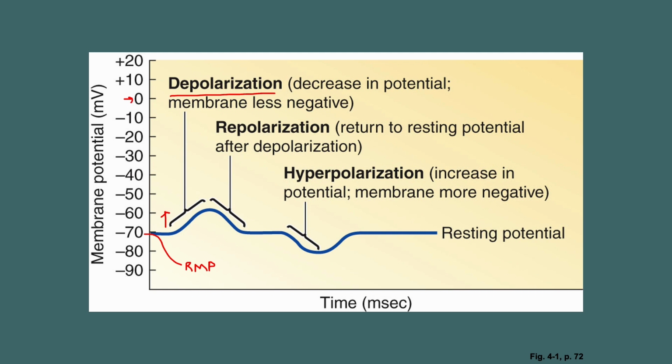And we can also hyperpolarize, in which we move further away from 0, right? More away from 0. So becoming more negative, okay? In this instance, you're less likely to hit threshold, which is around negative 55 millivolts. Okay, so we're going to see it's depolarizations that lead to action potential and hyperpolarizations that lead away from action potential, less likely.